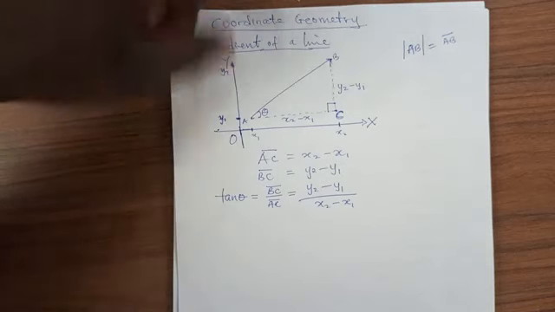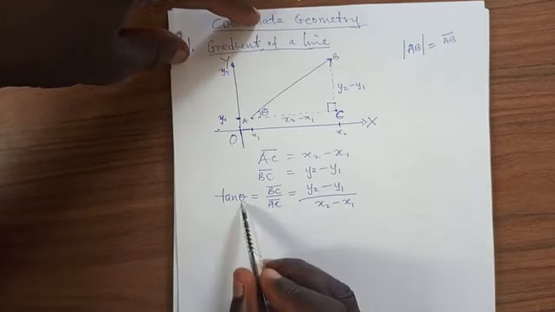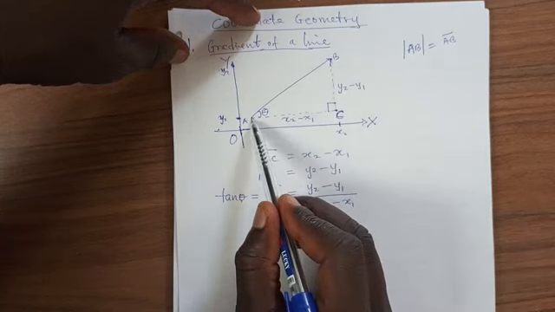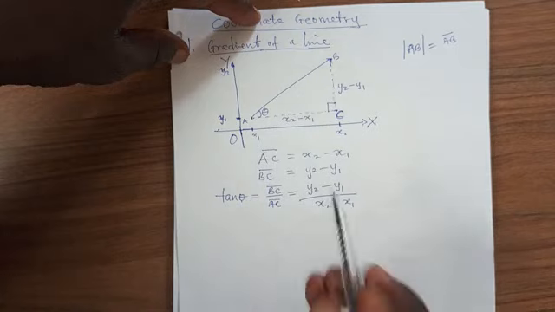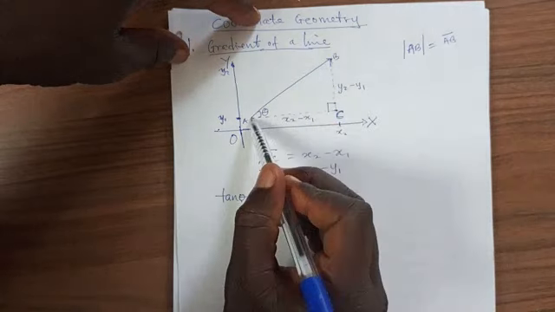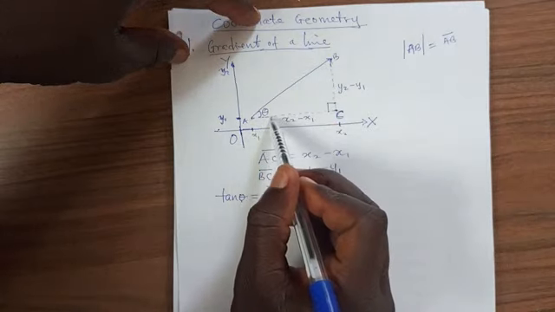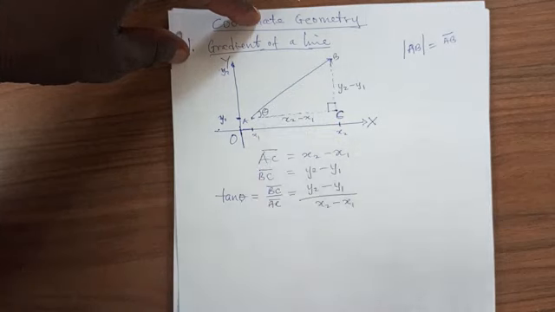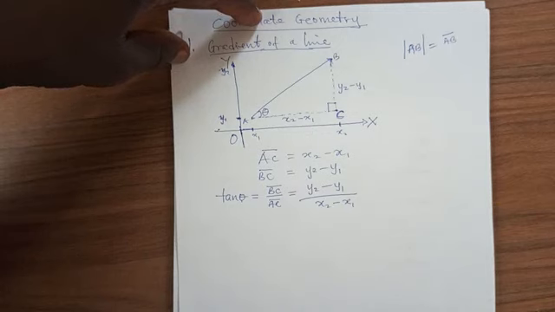The gradient of a line simply means the tangent which the line makes with the positive x-axis. You see, this line AB makes a positive angle with the positive x-axis. So the tangent to an angle which a line makes with the positive x-axis is known as the gradient or the slope of the line.